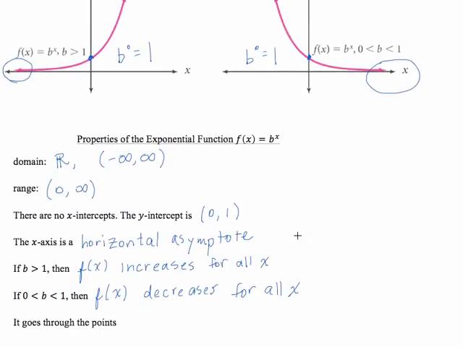Okay, and the only point that every exponential function goes through is the point 0, 1. That's the only point that all functions of this form go through.